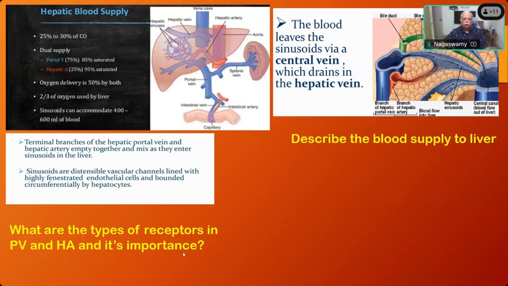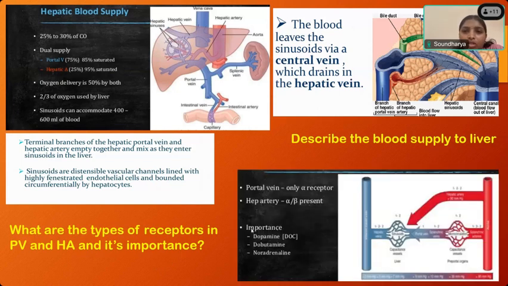So what are the types of receptors present in the portal vein and hepatic artery, and what is its importance? Hepatic artery, alpha and beta and dopamine receptors are present, sir. In portal vein, only alpha receptors present, sir. So it is used for vasoconstriction. So in portal vein, noradrenaline will be used.